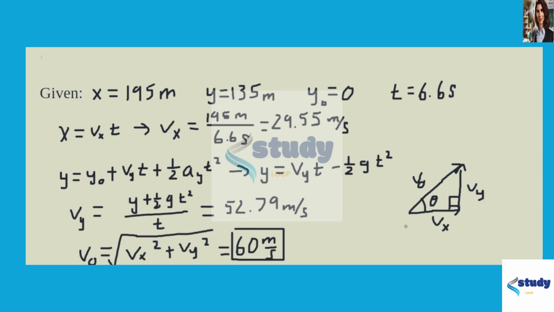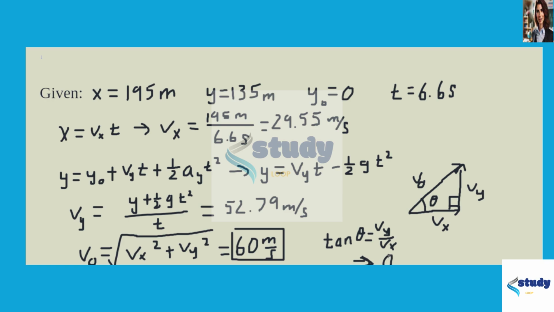So let's see if we can find theta. Well, we can use the trigonometric identity, which says that tangent theta is equal to the opposite over the adjacent, which would be v of y divided by the adjacent, v of x. We know v of y and v of x, so let's solve for theta.